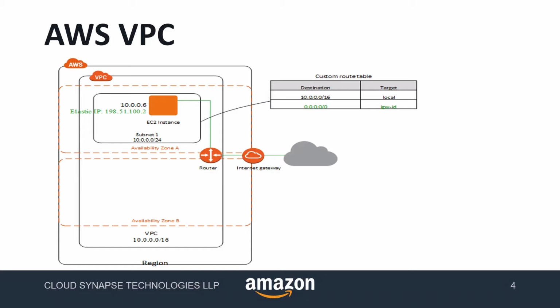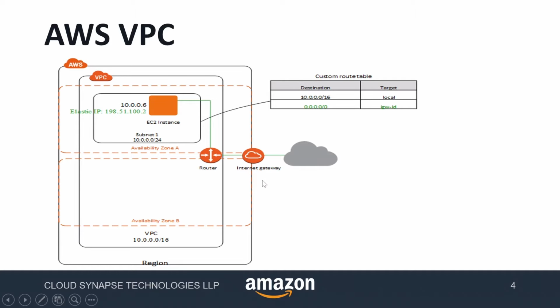For that, we are creating an internet gateway to give internet access, and then a route table. The route table is going to specify which subnet is going to have internet access. If I have multiple subnets and I want to give only one subnet internet access, we can connect that subnet to the route table.